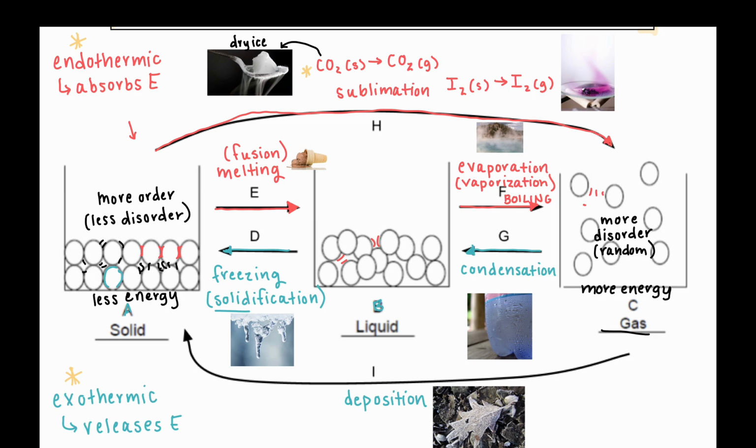If I am trying to work on my test, I'll write out solid, liquid, gas from left to right. And I know that when I go from left to right, that's going to be endothermic processes. Energy needs to be absorbed. And as I go from right to left, those processes are going to be exothermic or require the release of energy. Okay, so however it helps you to remember, that's something that helps me though.